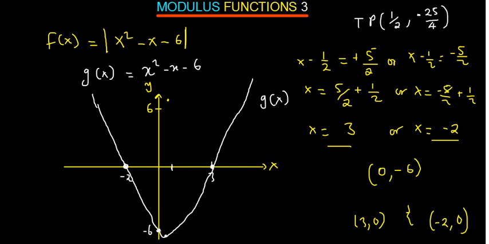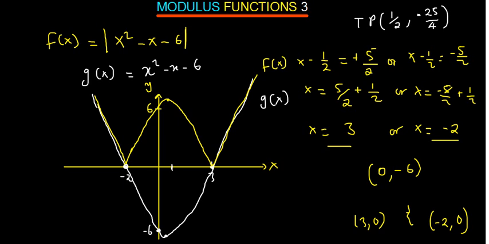This part that you are seeing down is going to be turned up. So it passes through there, and then it turns like this, and then it goes up like that, and on the other side it also goes up like that. So this is f of x.